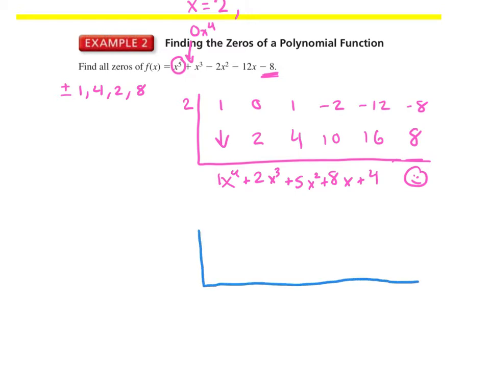It doesn't factor. So we need to do P over Q again. So what are our factors of 4 now? 1, 2, and 4. We need the plus or minus of all of these. What's going to go inside of our box? 1, 2, 5, 8, and 4. What do you want to try first?